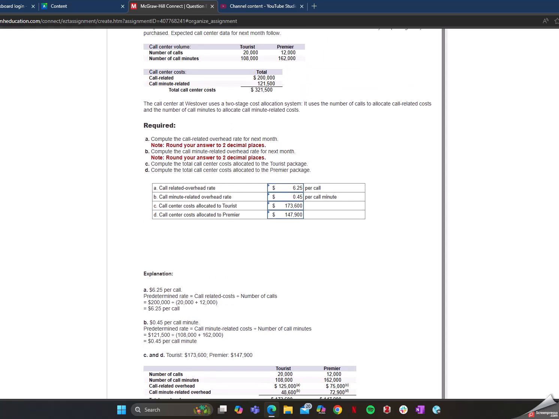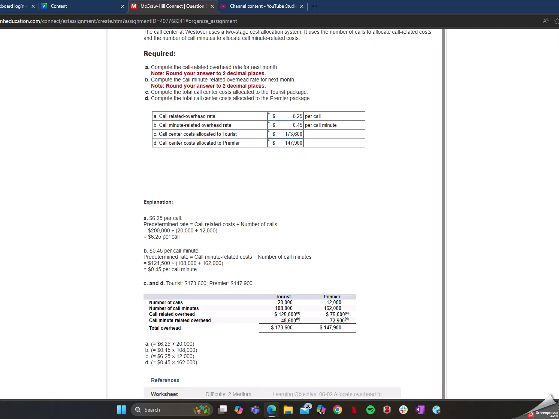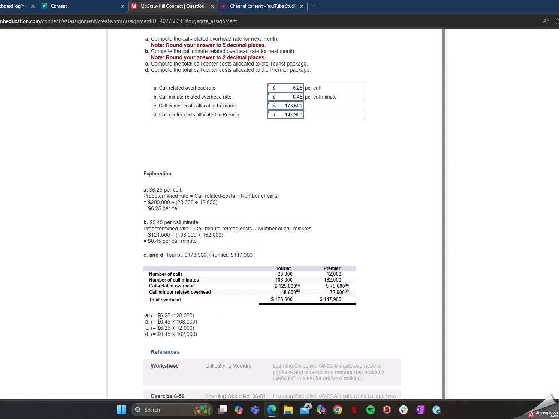Then we take the call minute related, the number of minutes for the tourist is 108,000 times the 45 cents. So again, come down here, look at B, 45 cents times 108 minutes gives us 48,600. So we'll add those two together. Sorry, and that's the call that's going to get charged to the tourist.